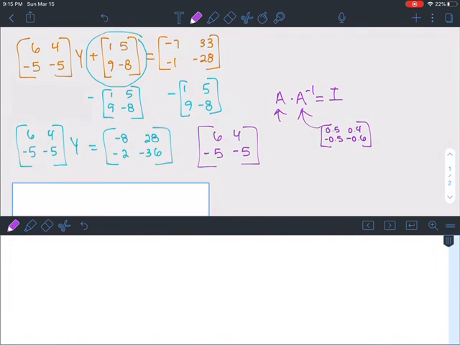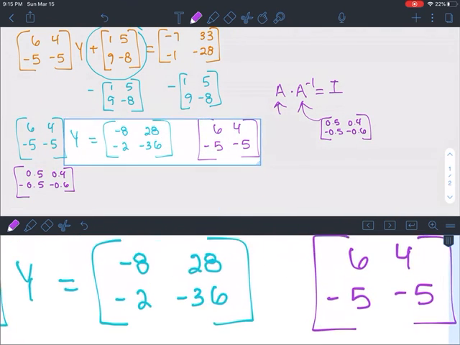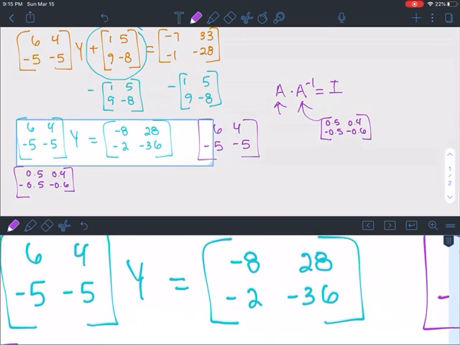So to undo this, I need to multiply by my inverse matrix. So to undo and get that variable by itself, I'm going to multiply by my inverse matrix on both sides.